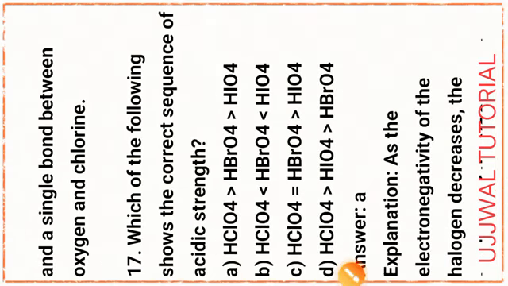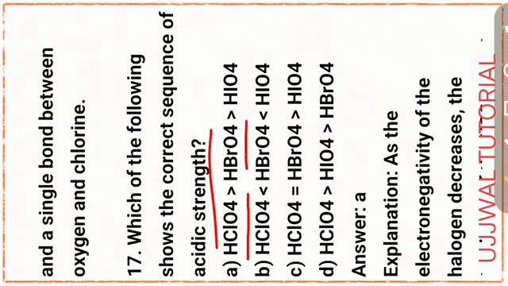Next question, question number 17. Which of the following shows the correct sequence of acidic strength? Okay, that is option A, HClO4, HBrO4, and HIO4.